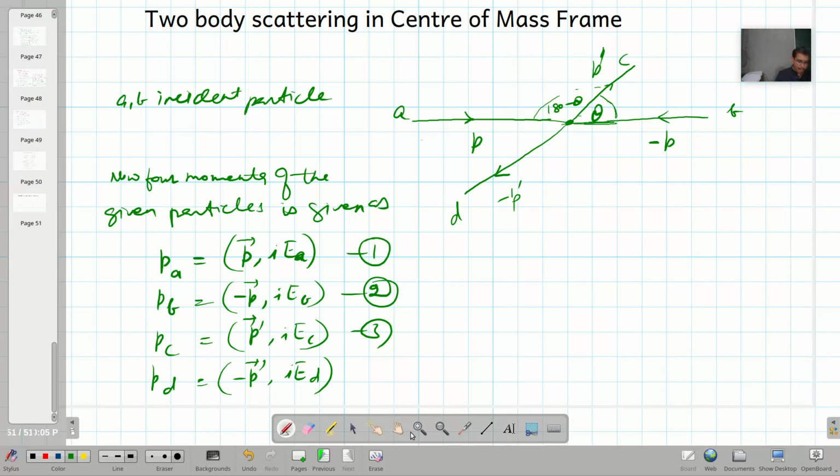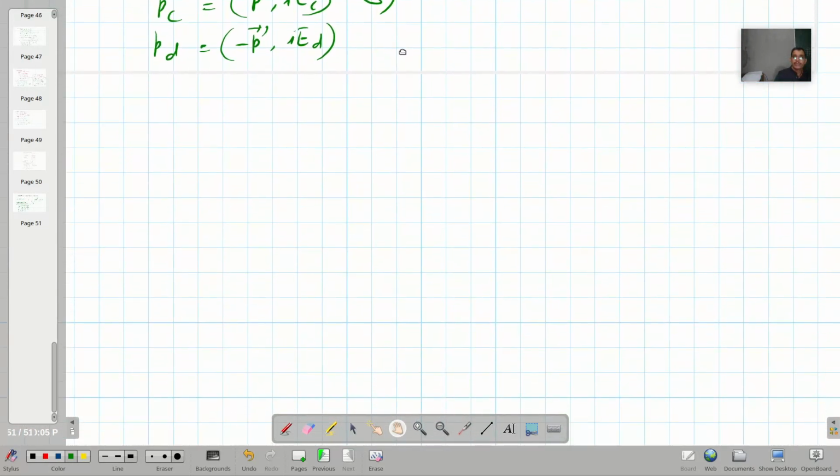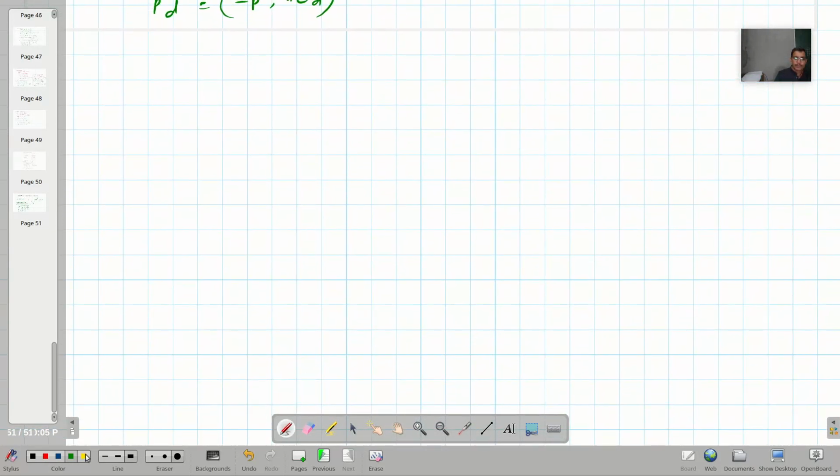So now let us define S. As we have discussed in the earlier lecture, S is a Mandelstam variable and it is defined as negative of PA plus PB whole square, or it may be defined as PC plus PD whole square.